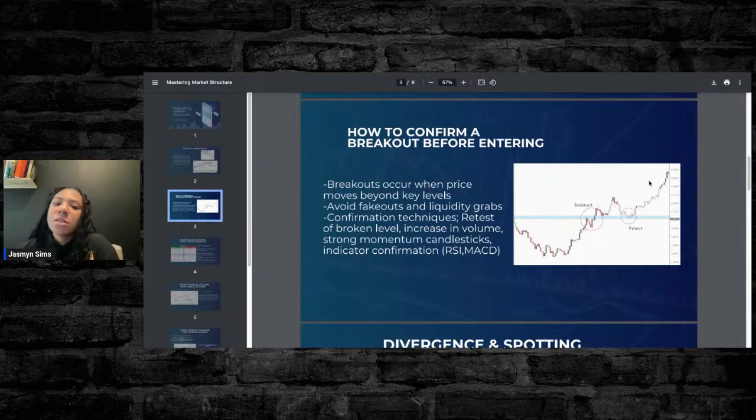So the confirmation techniques would be to retest the broken level, which it did right here. It came back, and then it shot back up. So that's a good confirmation. Another one would be increase in volume, which we'll talk about a little further down. And then strong momentum candlesticks.